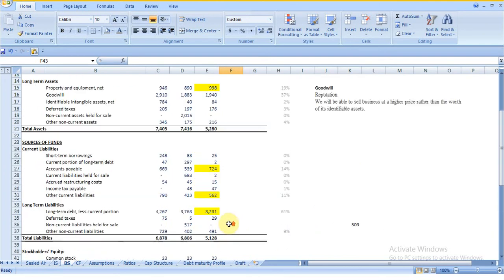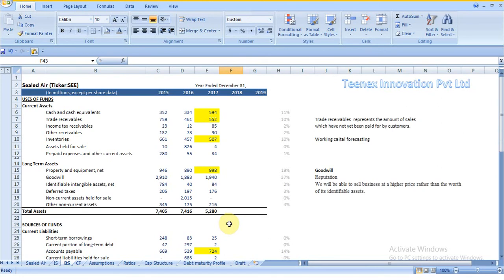So in the balance sheet, there are certain line items which we need to keep constant because there is no real benefit in projecting them, and there are certain line items which we are going to work on and project. But when you're working on a balance sheet, always remember the Pareto principle, which is 80-20, which means 20% of your line items are going to have 80% of the impact.